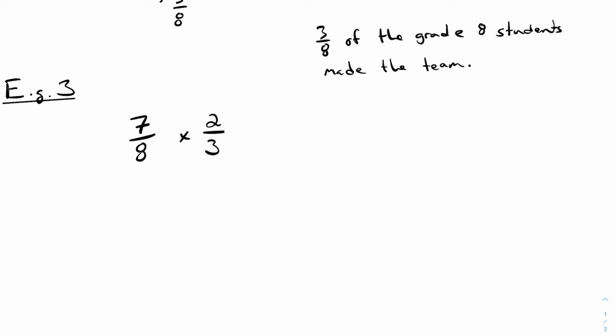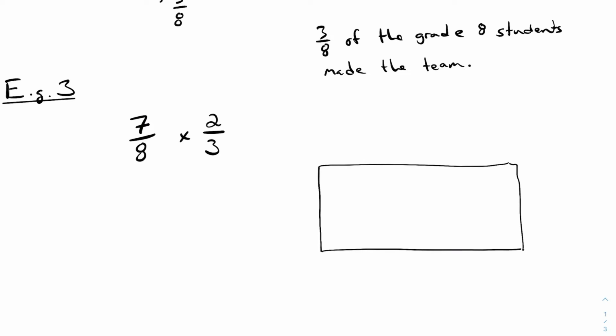So last one. If we're just given a problem, 2 fractions, we want to multiply them together, this grid system is a great way to figure that out. So we can make ourselves a grid, and then we're going to split it up. It doesn't matter which way you go, but usually the one with less.